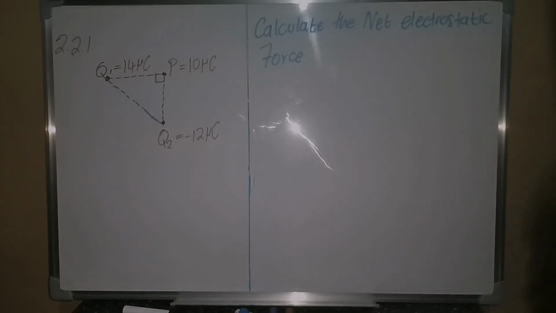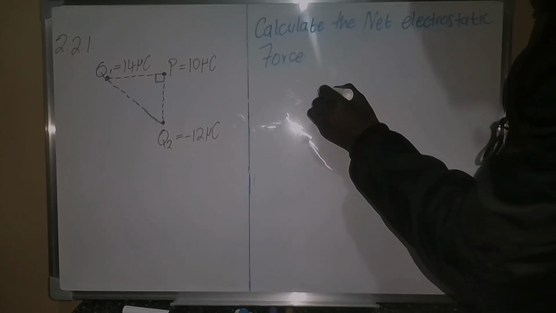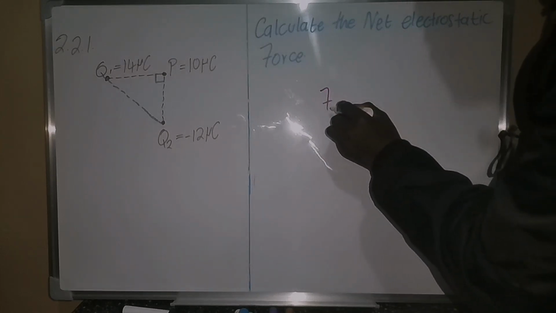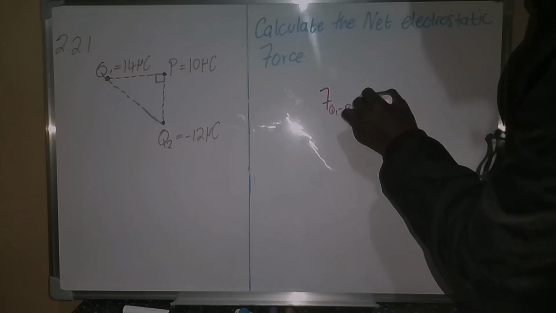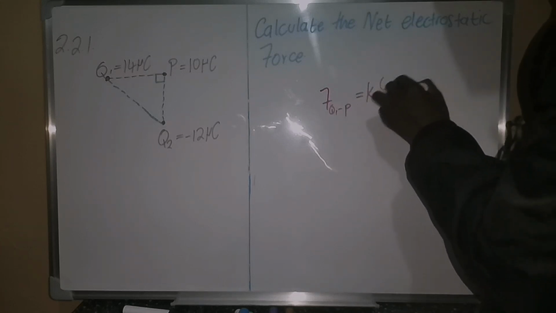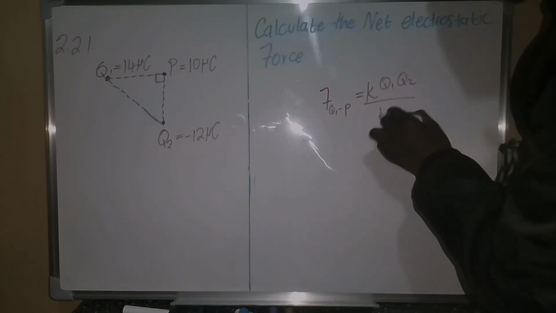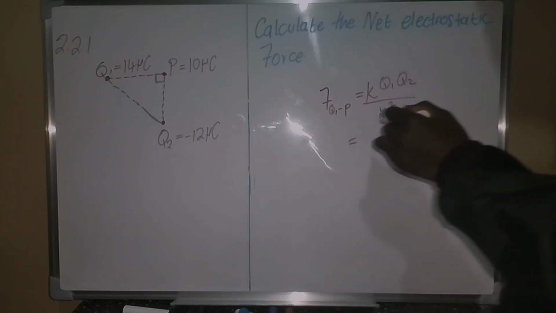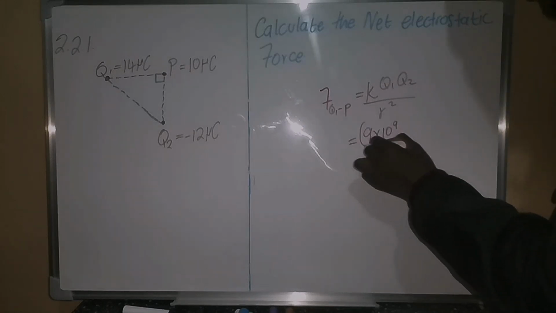Now, the electrostatic force on Q1 and P is equal to K Q1 Q2 over R squared. What is the value of K? It is 9 times 10 to the power 9.